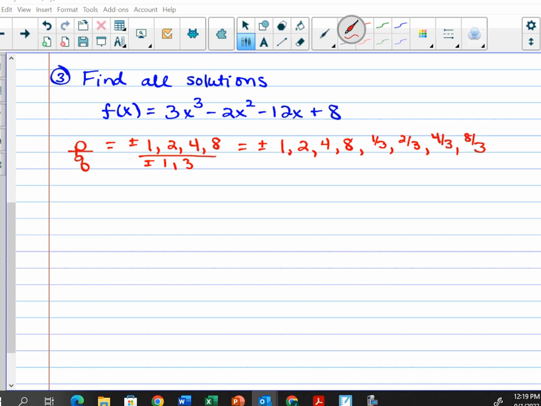All right, guys, everybody okay with the P over Q list? Yeah. Okay, so what we're doing with this, now we get to try these with synthetic division. So, should we try 1? Why not? Sure, let's try 1.